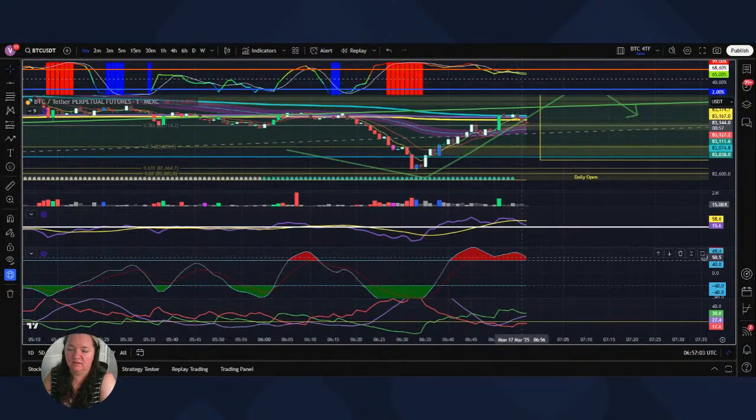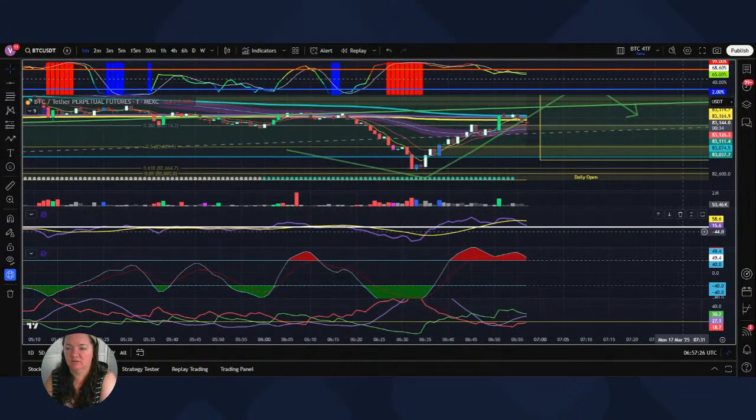Even though this is the SMI, the stochastic, even though it's overbought, if you get a bounce with volume and then the ADX turning up in the overbought, it's actually a strong signal of continuation. So just because you are overbought or oversold does not mean that it's an instant reversal.